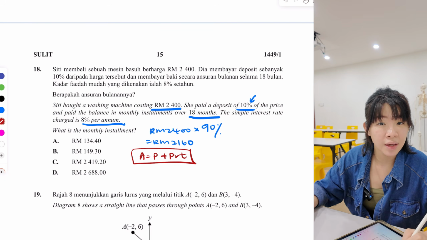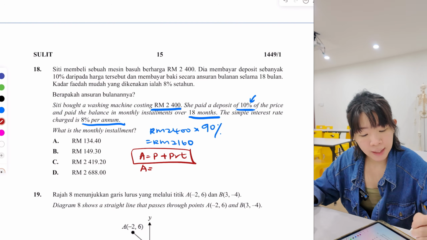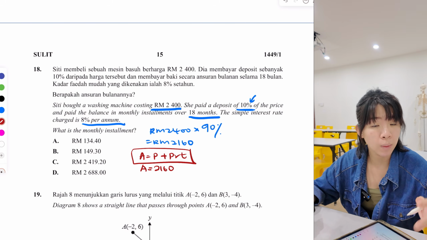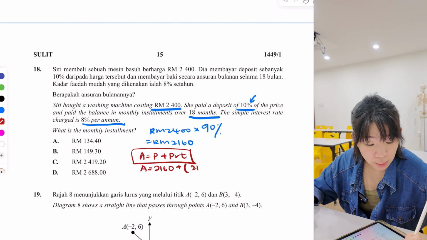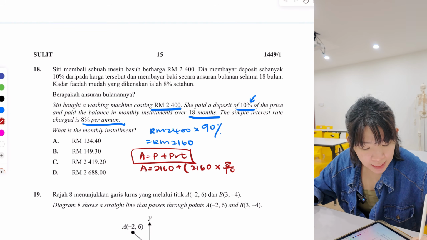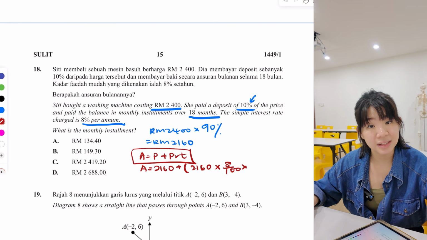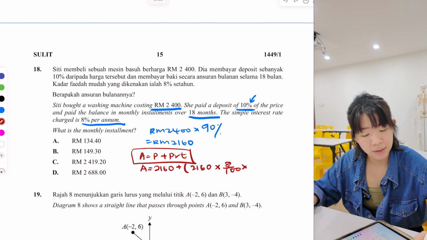Remember this formula? So the A means total. Okay, so I want to find total. P is 2,160, principal, the initial amount, plus PRT. PRT is interest. So P is 2,160 times the R, how many percent? 8%, and the T, make sure the T is in year. T is time in years. 18 months. 18 months is how many years?